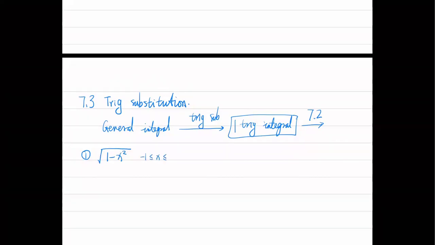First the domain, so x equals sine theta. For x varied from -1 to 1, what's the domain for theta? Sophia?